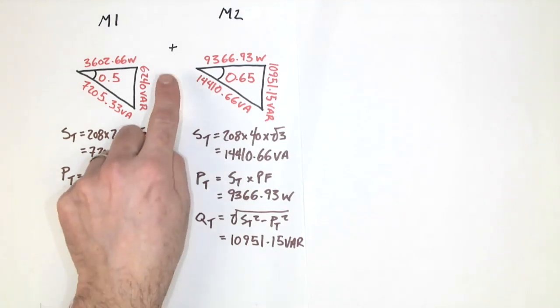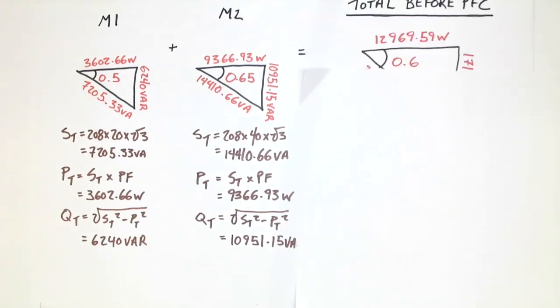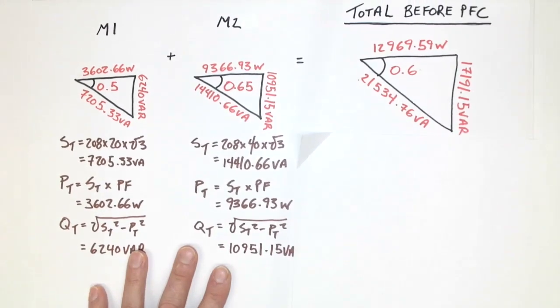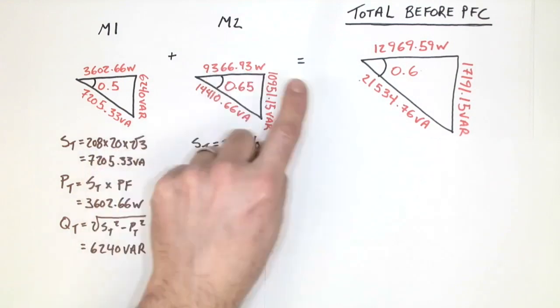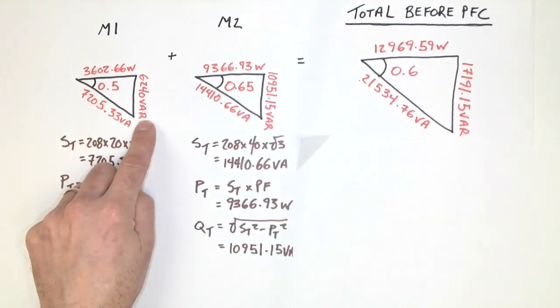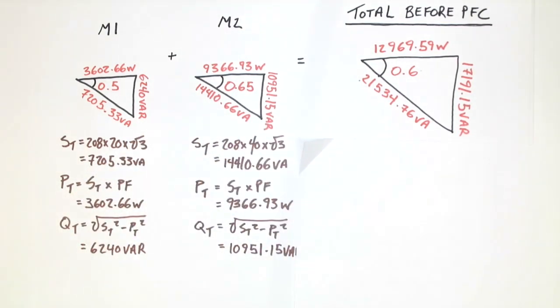Now notice I put a plus symbol in between, and that's because we are going to determine what the total watts, VARs, and VA is of the entire installation before power factor correction. In order to do that, we build an entirely new power factor triangle, and we can see here that it is combining the watts of both motors for 12,969 watts and the VARs of both motors, which is giving us 17,191.